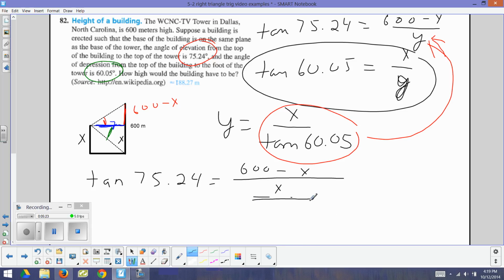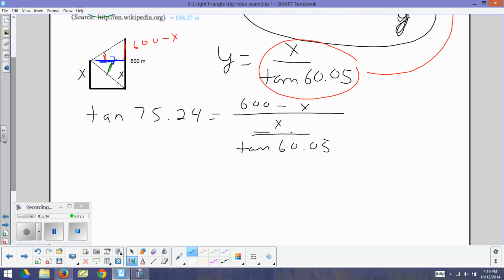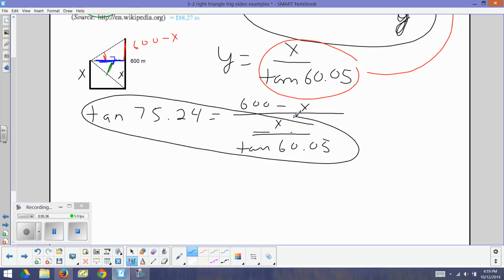X over the tangent of 60.05. And if I were solving it, I would cross multiply. So I would have x over the tangent of 60.05 times the tangent of 75.24 is equal to 600 minus x.